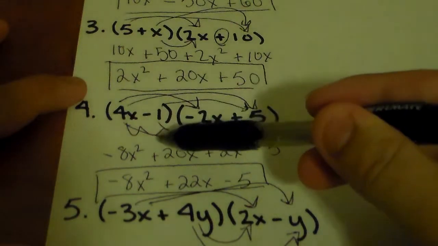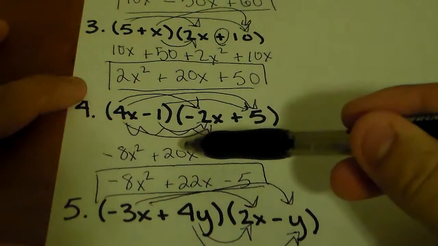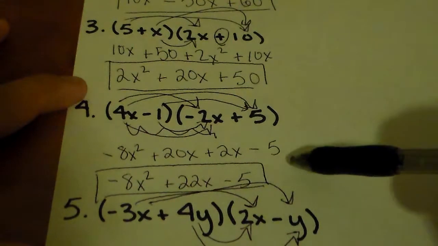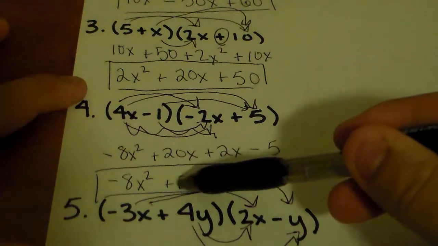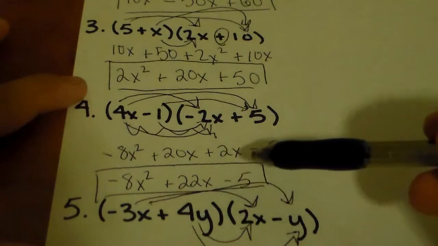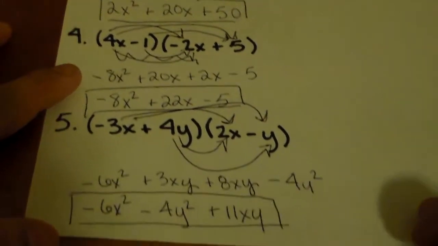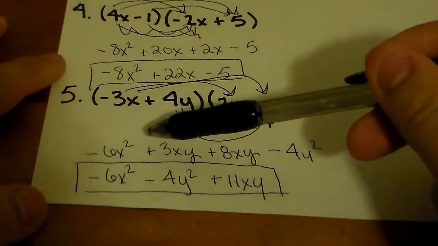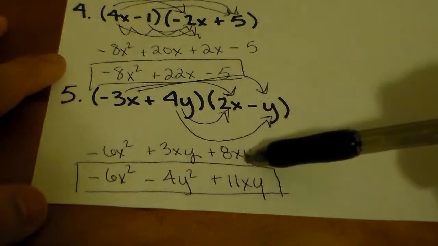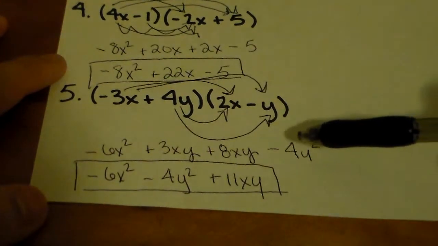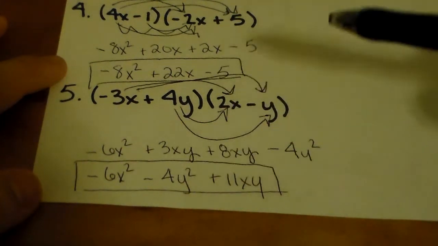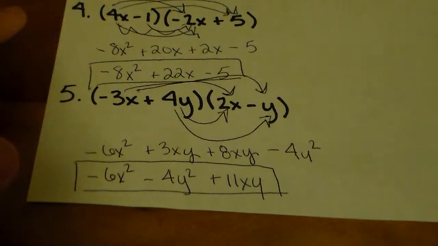You got negative 8x squared plus 20x plus 2x minus 5 simplifies out to negative 8x squared plus 22x minus 5. In number 5, negative 6x squared plus 3xy plus 8xy minus 4y simplifies down to negative 6x squared minus 4y plus 11xy.